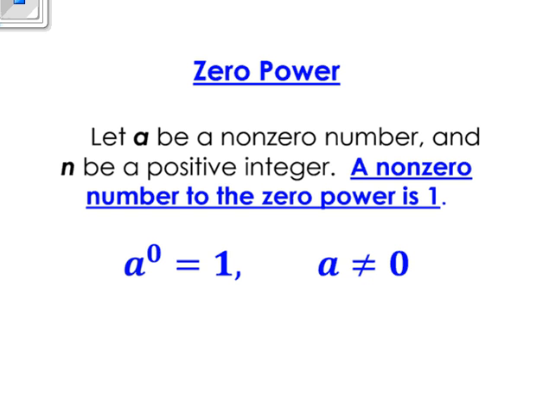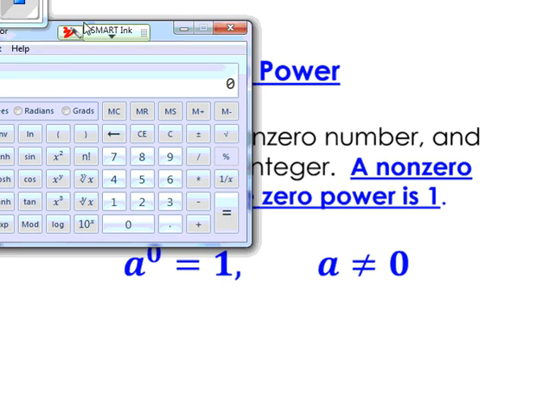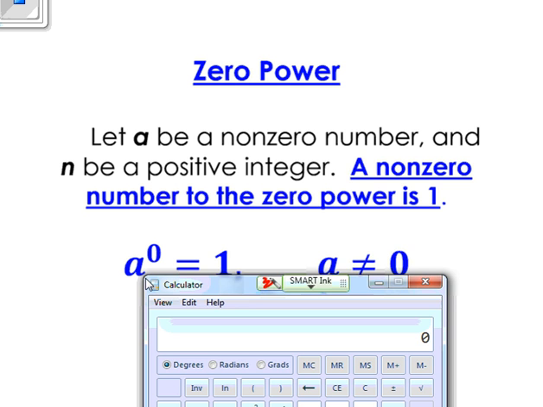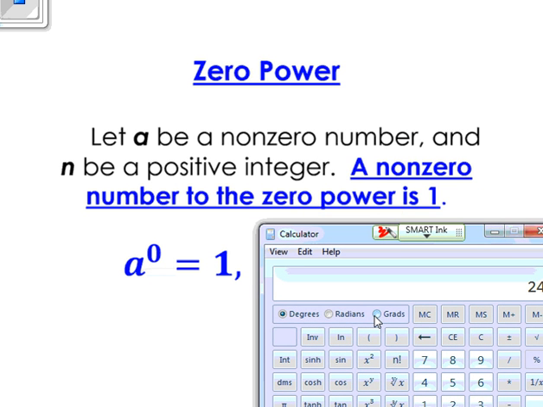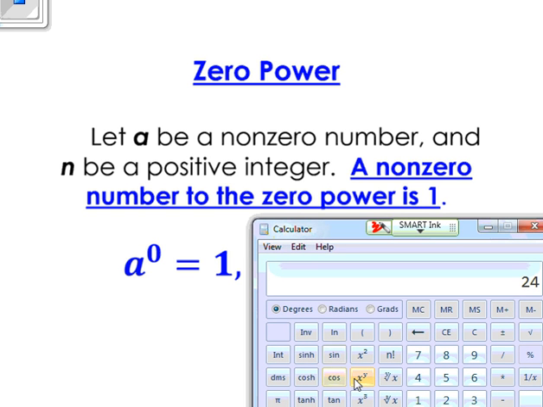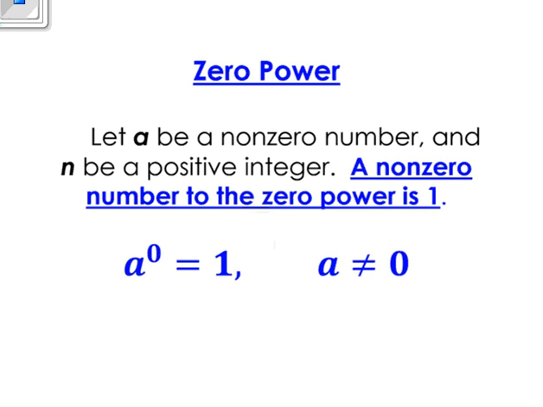So even if I took a number like 24, and if I took that number to the zero power, I get 1. I could pick 256, negative 250, or negative 56. If I take that to the zero power, I get 1. So no matter what you take to the zero power, it's always, always, always 1.